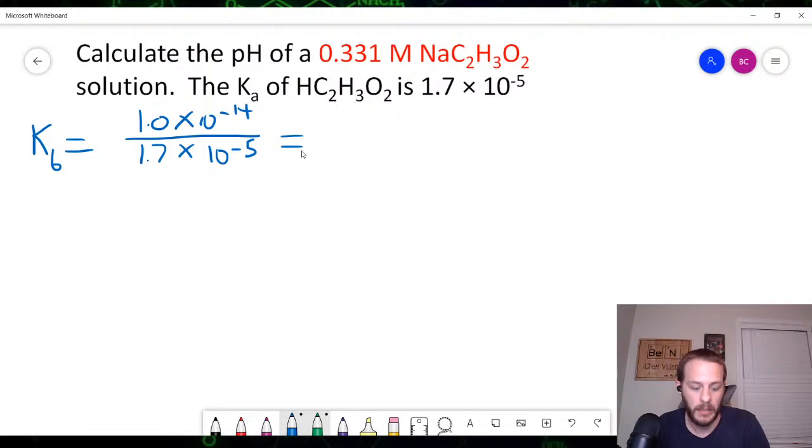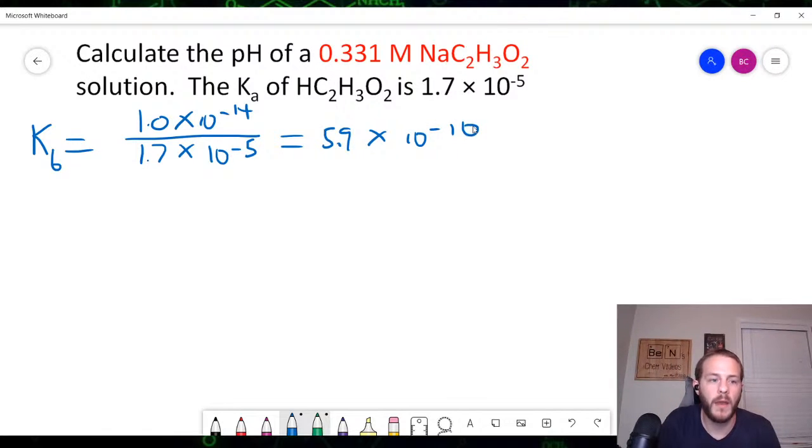I'm going to go ahead and calculate this real quick. The value of Kb that I got is 5.9 times 10 to the minus 10.